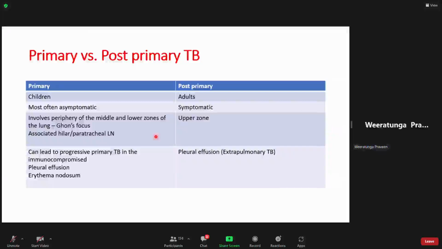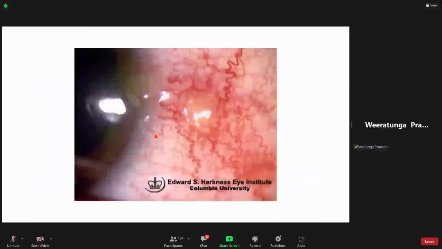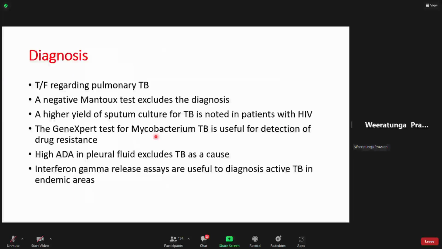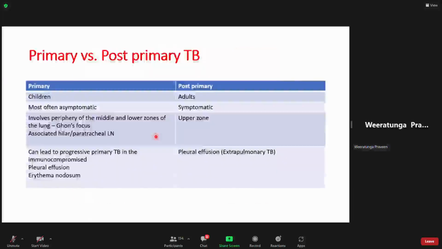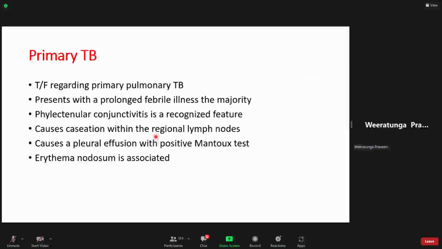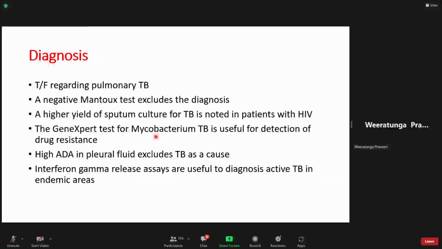But some people get these immune phenomena: pleural effusion, erythema nodosum, and phlyctenular conjunctivitis. Okay, so that is all you need to know about primary TB. Any questions up to now?